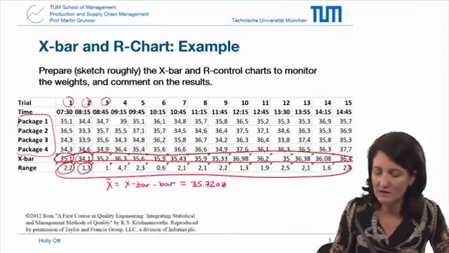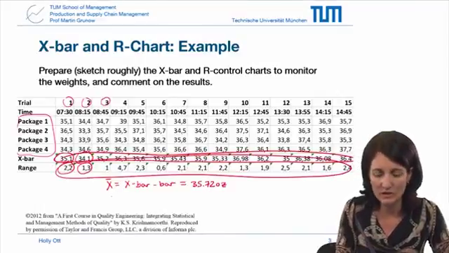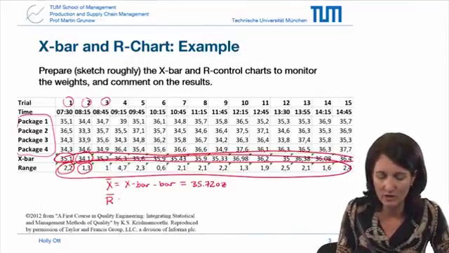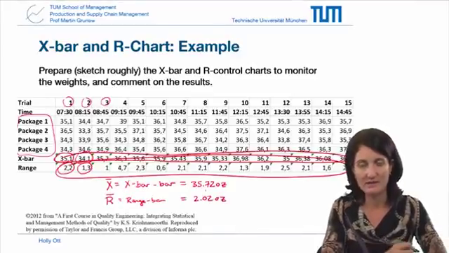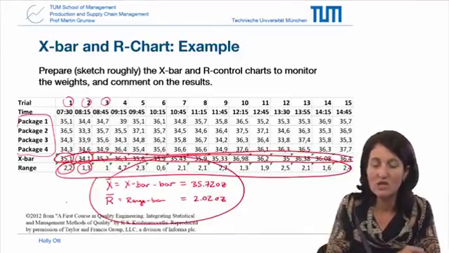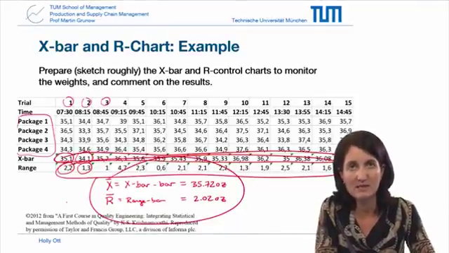Likewise, for the range, we look at all these range values. R bar is 2.02 ounces. Those are the first key pieces of data that we can obtain from our table.